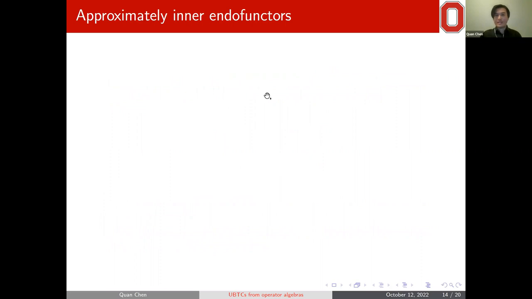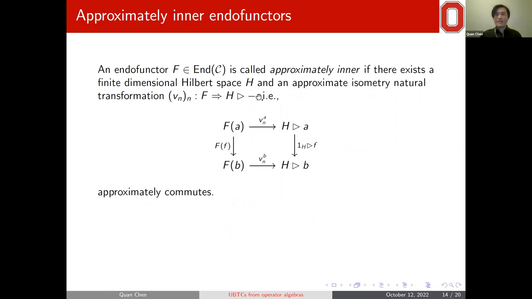called the approximately inner. An endofunctor F is called approximately inner if there exists a finite dimensional Hilbert space H and an approximate isometric natural transformation V_n from F to the H action.